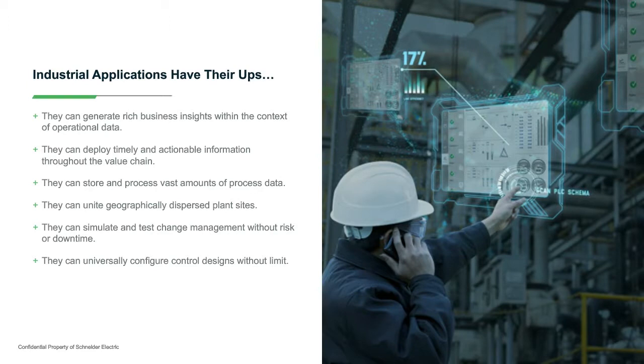Storing and processing vast amounts of process data is a key part of the platform. Uniting geographically dispersed plants or sites as well as assets, bringing those things together so that you're not only looking at islands of localized automation, but have a holistic view of your applications.